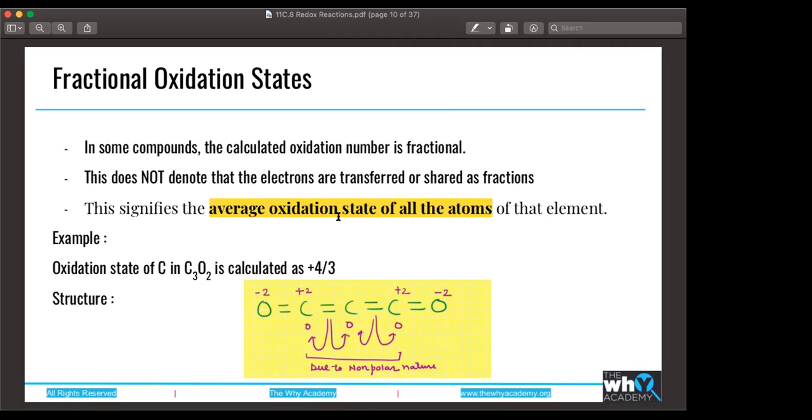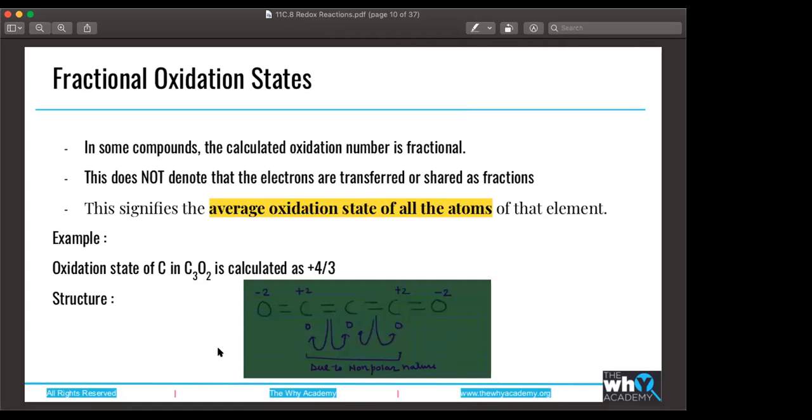Oxidation state basically signifies the average oxidation state of all the atoms. The individual atoms can have, because this has 2 electrons being pulled away from it, +2 with respect to oxygen, but with respect to carbon it is 0.